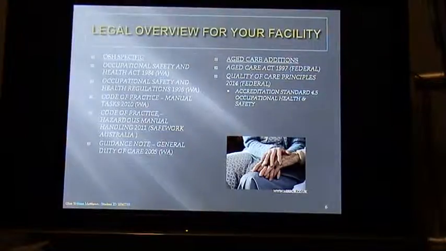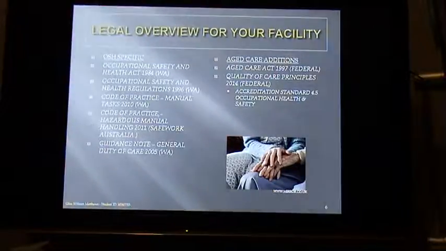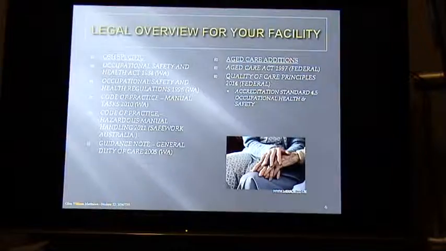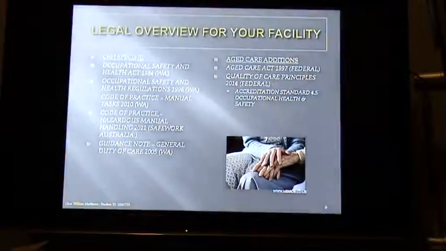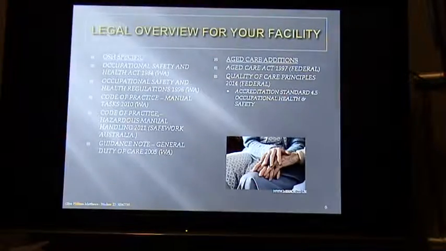There is also then a similar document, Code of Practice Hazardous Manual Handling, from Safe Work Australia from 2011. That's an Australian, a countrywide document, but covers the same topic or subject as the WA only one.